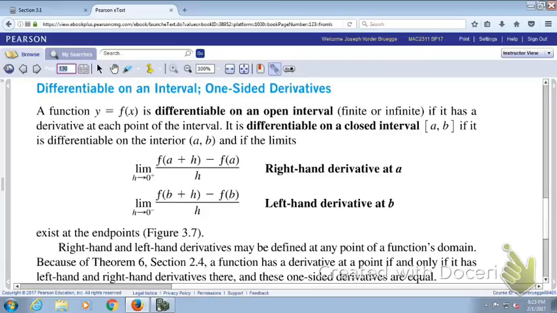All right? So, the right-hand derivative is the limit as h approaches 0 from the right of f of x plus h minus f of x over h. They're plugging in a for x. The left-hand derivative is the limit as h approaches 0 from the left of f of x plus h minus f of x over h.